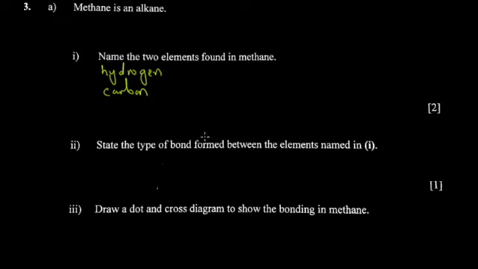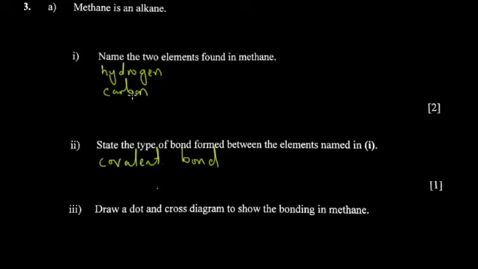State the type of bond formed between the elements described in 1. Here it's a covalent bond. If you're doing chemistry, the reason this is a covalent bond is the difference in the electronegativities for hydrogen and for carbon. They are less than, I think, 1.7. If they are less than 1.7, it means the bond formed would be covalent.